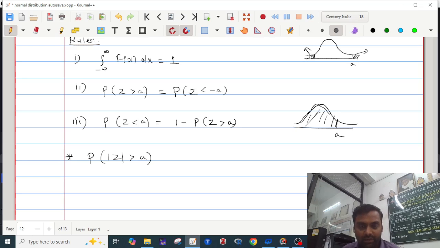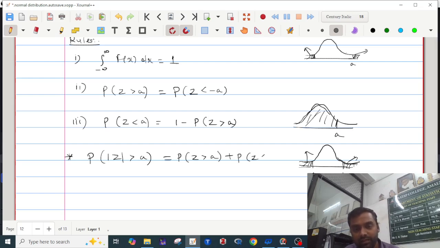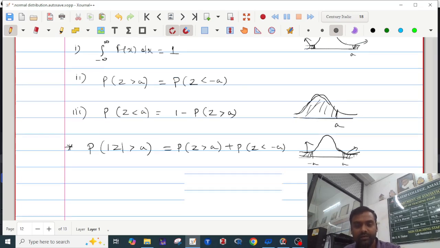These probabilities we can find out: probability of z less than a is 1 minus probability of z greater than a. Now, probability of mod z greater than a means this is minus a, this is plus a. So this part plus this part, that is probability of z greater than a plus probability of z less than minus a.